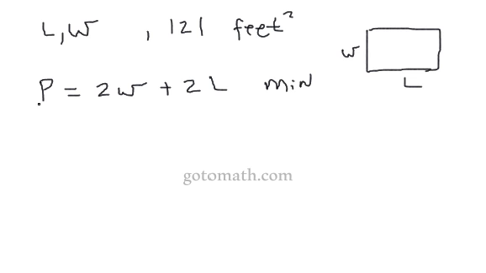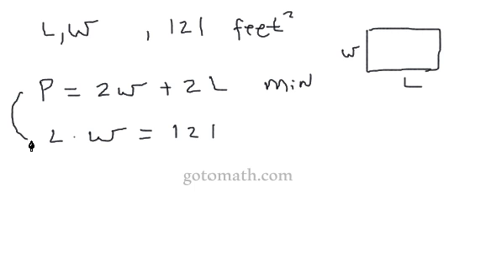This is our primary equation, but P doesn't stand for primary, it stands for perimeter. And we have the area, and the area is length times width, equal to 121. So there it is.